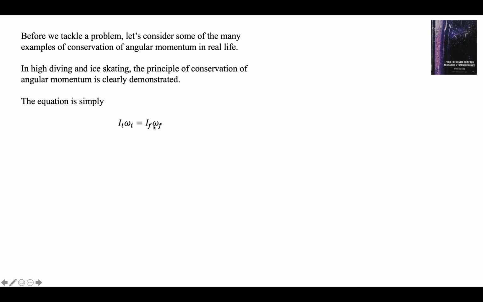So if you want to change your omega without a torque, you need to change your I. Somebody going off a high dive is not going to have any torques on them, spinning them. So the way to increase your omega is to decrease your I. And the way to decrease your I is to tuck all your mass close to the middle. So when somebody's going off a high dive, they want to rotate fast, they tuck and get their r as small as they possibly can.